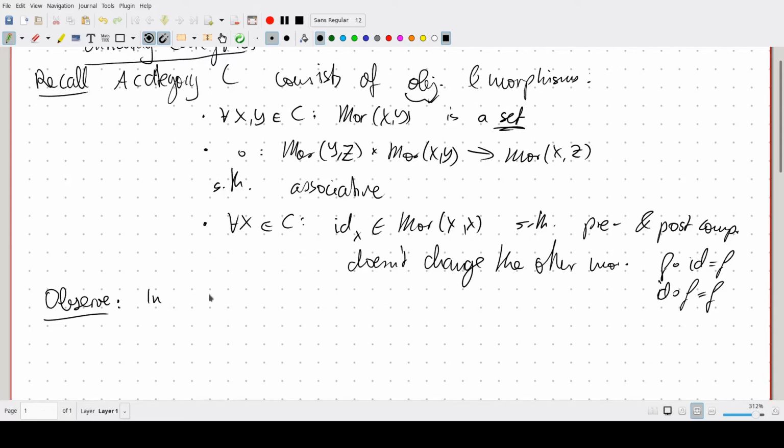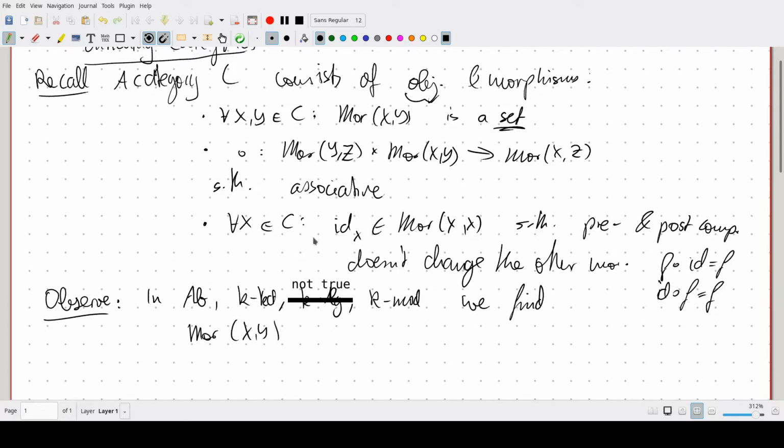For example, in the categories of abelian groups, or of k-vector spaces, or of k-algebras, or modules over some ring, we find that the space of morphisms between two objects is actually not just a set, but an abelian group.